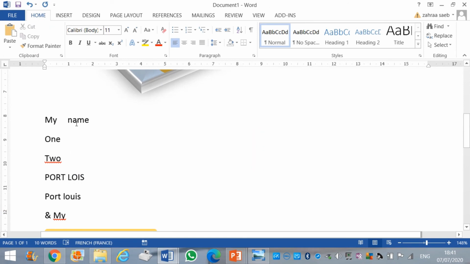I put my cursor here between letter A and M. Letter A is on the left hand side of the cursor and letter M is on the right hand side. When I press delete, it will erase the letter found on the right hand side of the cursor. Therefore, it will erase letter M.